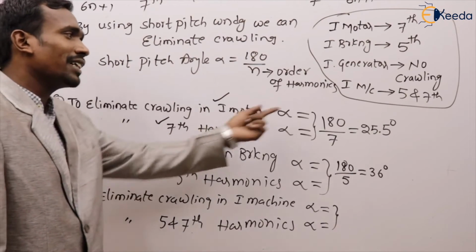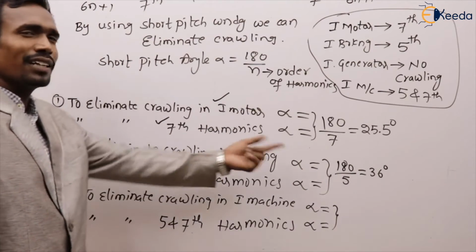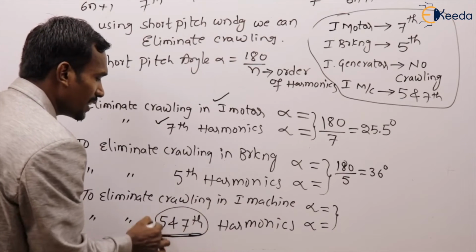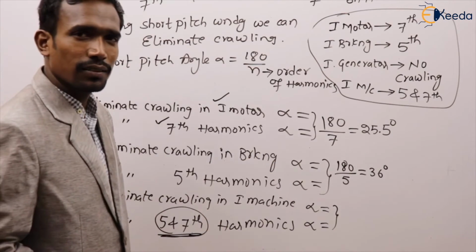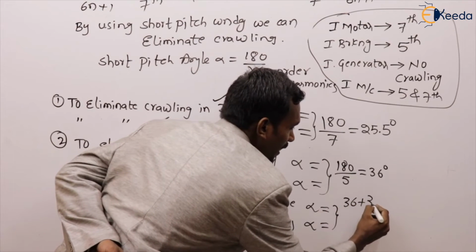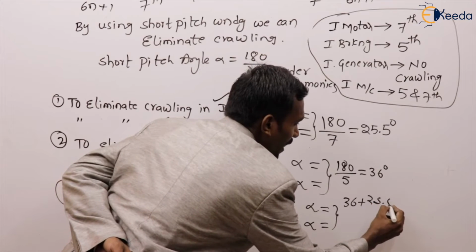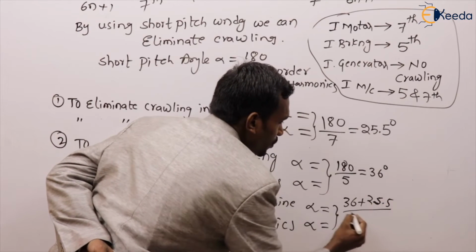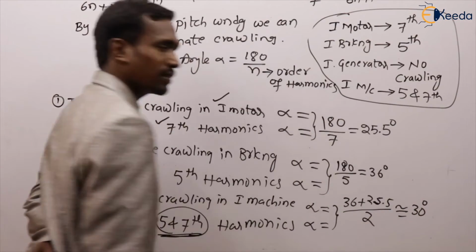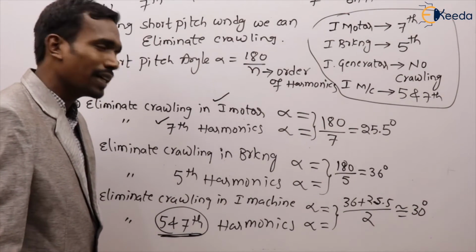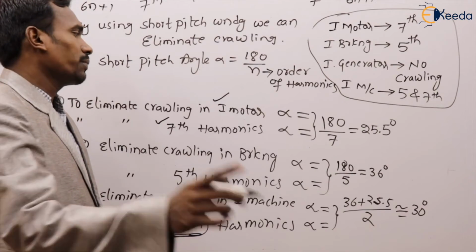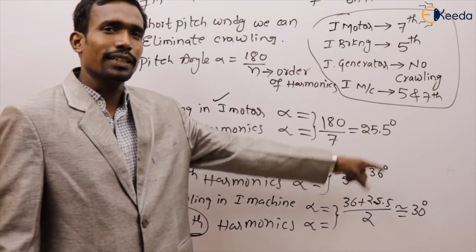To eliminate 7th order, 180 by 7. To eliminate 5th order, 180 by 5. But to eliminate both 5th and 7th order, what is the answer? The answer is (36 plus 25.5) by 2, which is nearly 30 degrees. Crawling in the induction motor, 180 by 7.